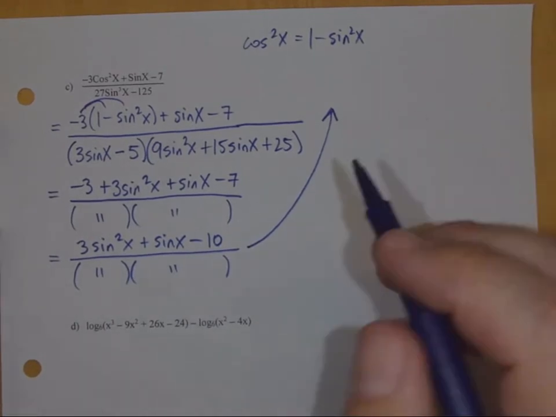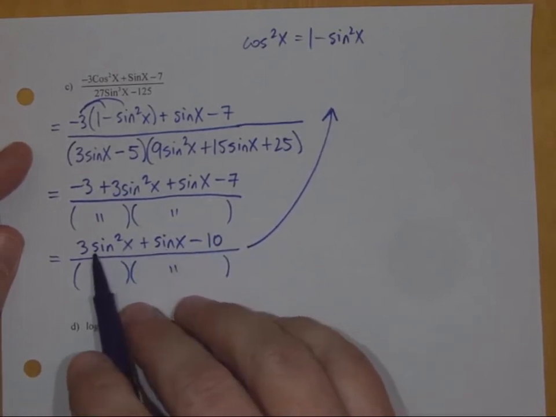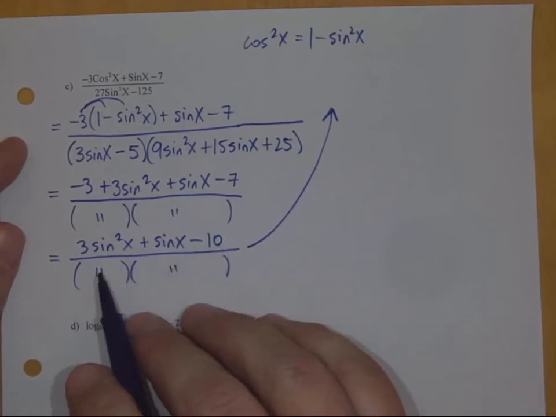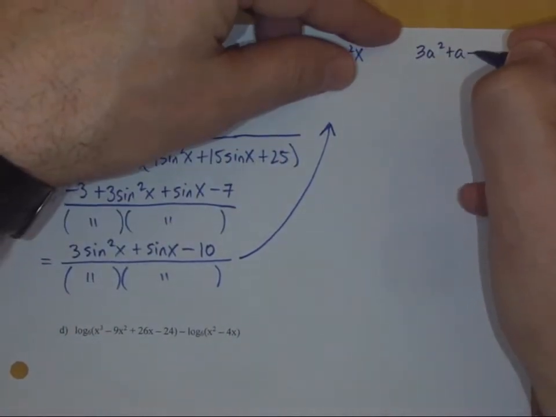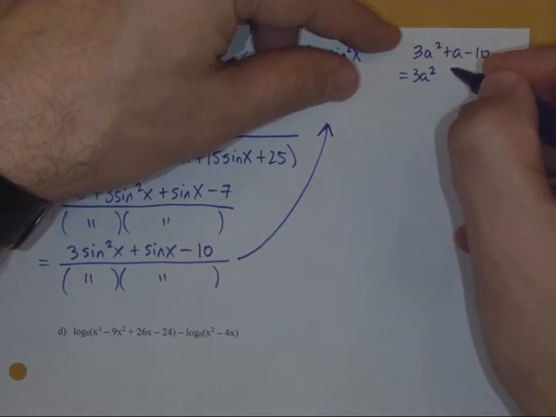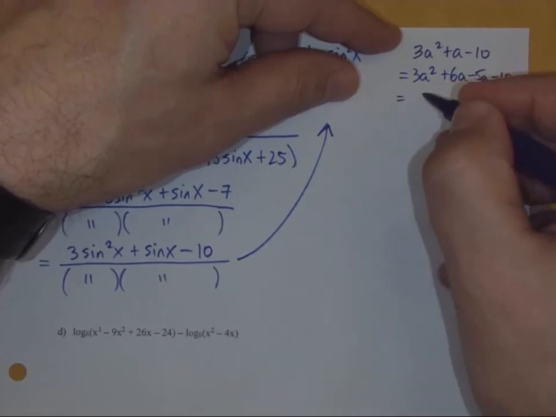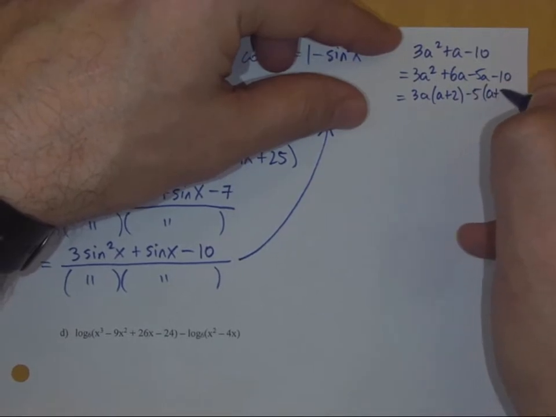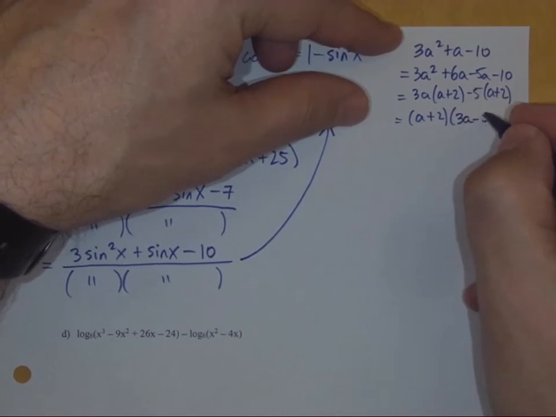Okay, how do I factor 3 sine squared plus sine x minus 10? Well, I can use variable replacement here and think of it as 3a squared plus a minus 10. And if I do that, then I have 3a squared plus a minus 10, which factors into 3a squared plus 6a minus 5a minus 10, which is 3a times a plus 2 minus 5 times a plus 2, which is a plus 2 times 3a minus 5.